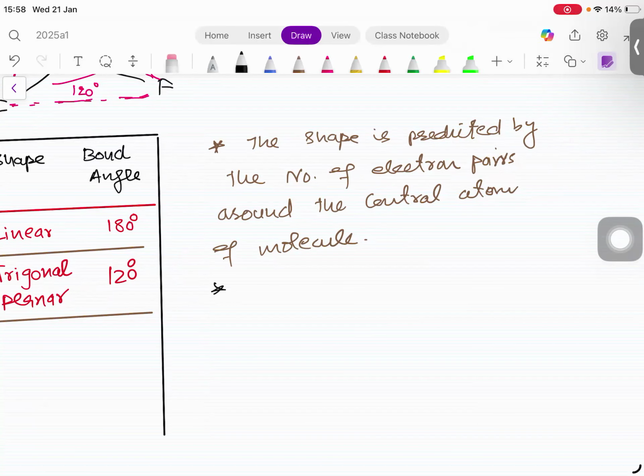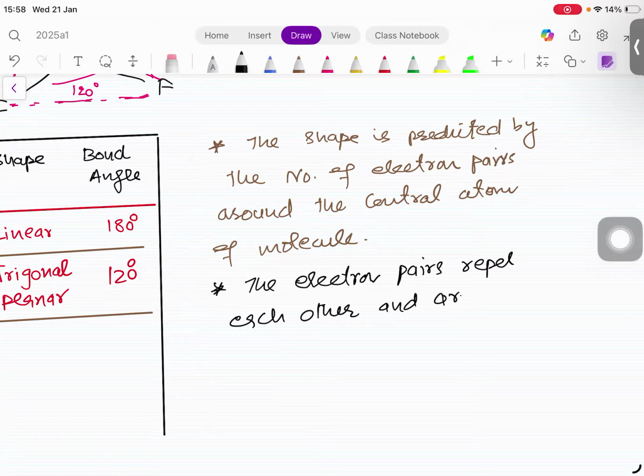And what is the logic? The electron pairs repel each other and arrange themselves at a distance where repulsion is minimum.